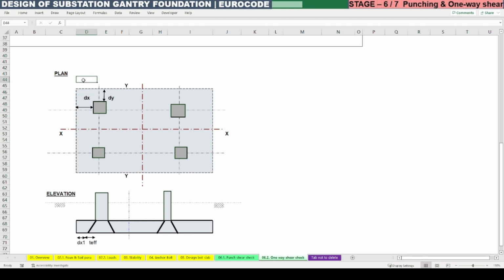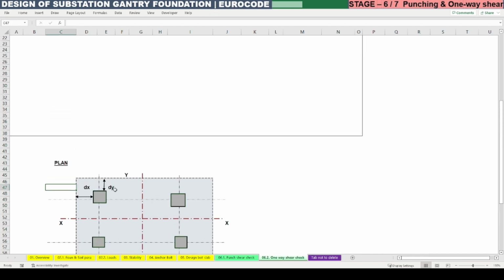So we know the length of the pedestal, we can call it L, minus the spacing between these two pedestals and minus this column size or pedestal size, whole divided by 2, we will get this dx. Similarly dy also we need to do like that, the entire width minus this spacing minus the column width, divided by 2, we will get the dy.